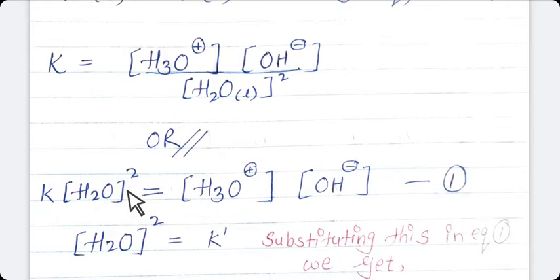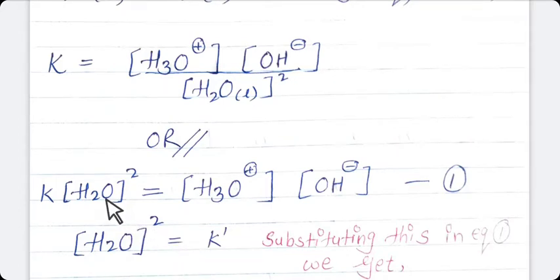This H2O square in excess quantity means majority of H2O molecules are undissociated, so consequently the concentration of H2O will become constant.